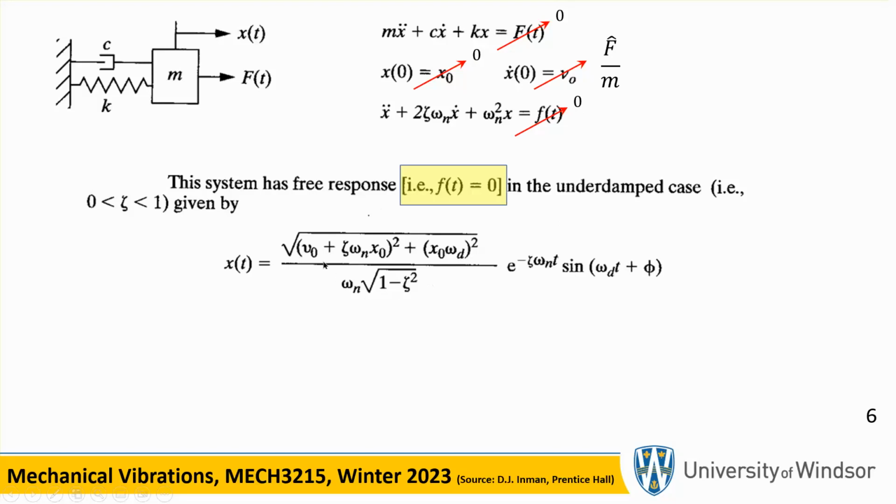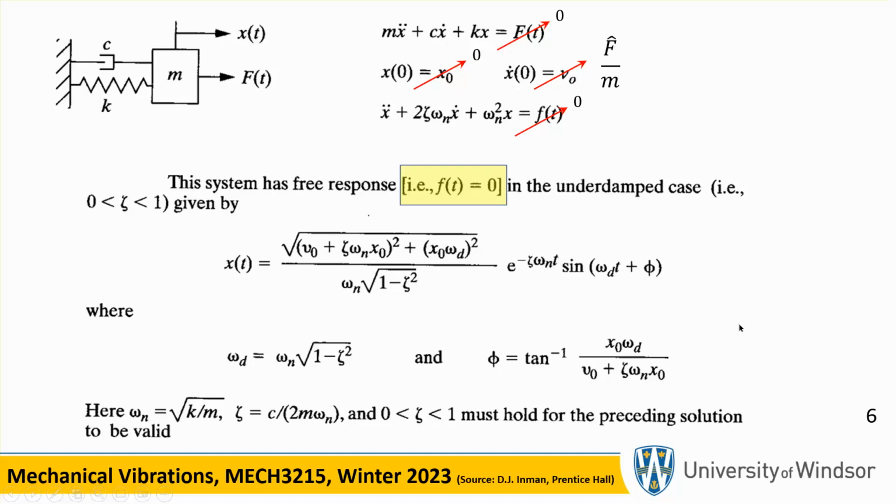Remember, this is the amplitude that we had called big A. In it there is velocity and initial displacement, or if it happens to be 0, of course, no problem. Just this is 0. V naught is not 0. It's definitely F hat over m. And then there is this angle phi that we did in the first 3 weeks of the course. It's not going to go away.